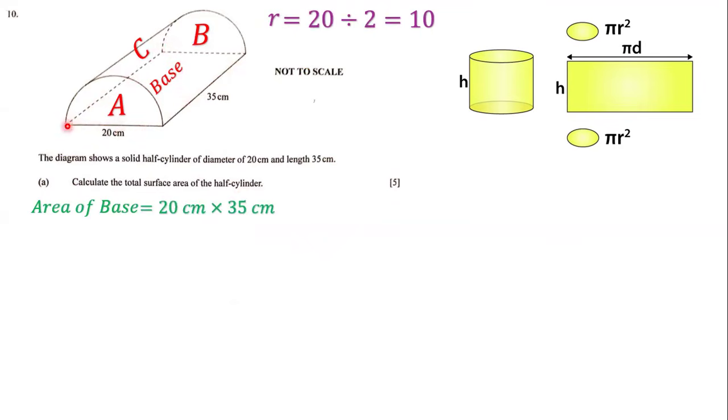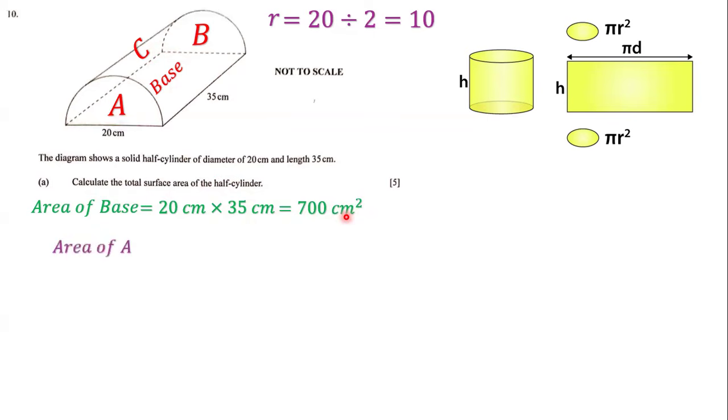So we have 20 centimeters multiplied by 35 centimeters, which gives us 700 centimeters squared. 20 times 35 is 700. And so the area of the base is 700 centimeters squared.